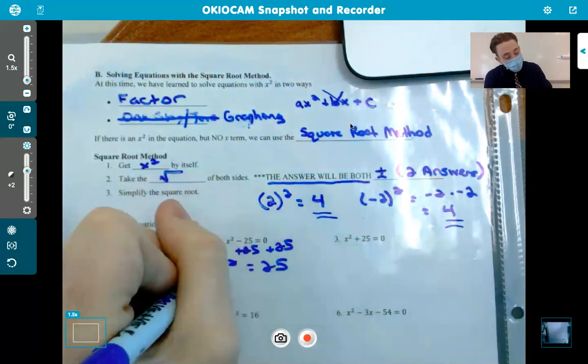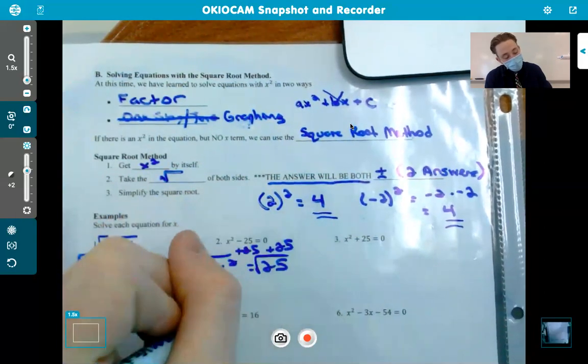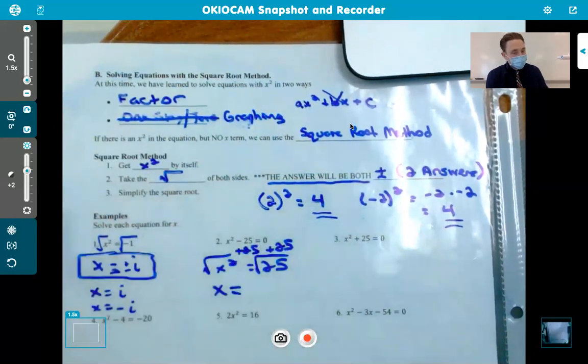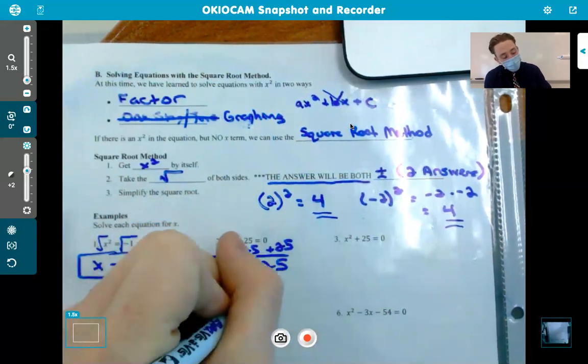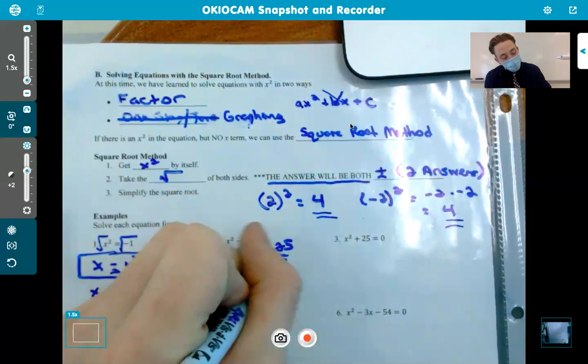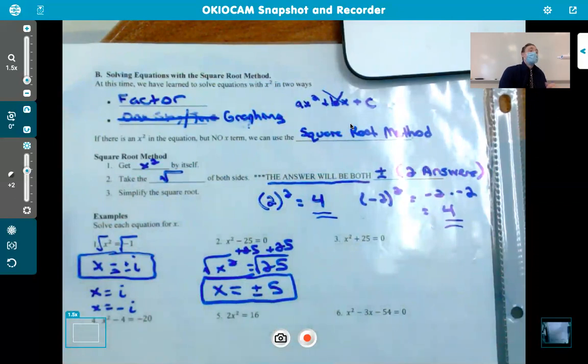Good. So follow along with the next step, take the square root of both sides. I'm left with x equals, well, from earlier, we've seen this a couple times now, square root of 25 is just 5. However, the big takeaway from today, when we're solving using the square root method, we need to include both +5 and -5 in our answers.